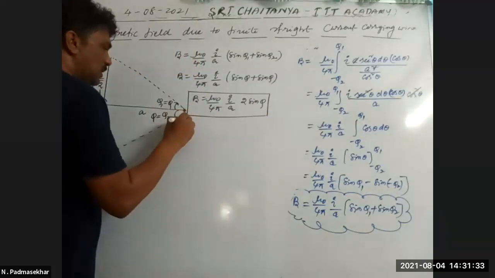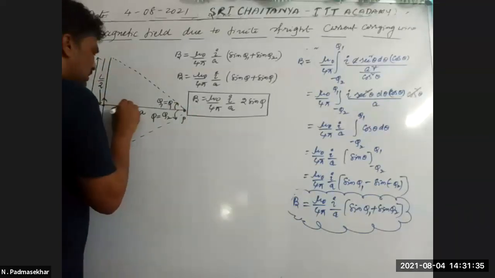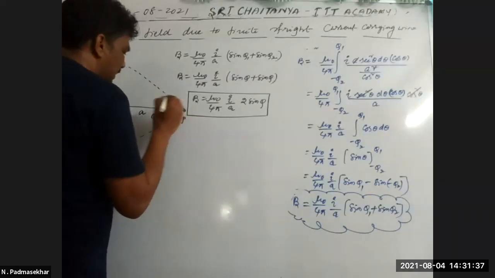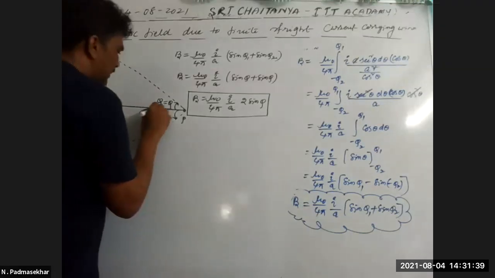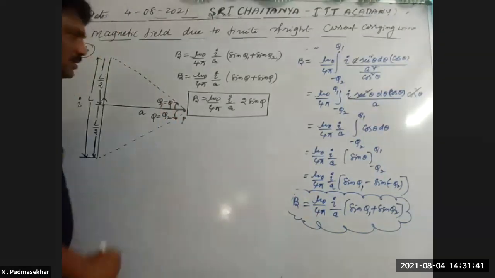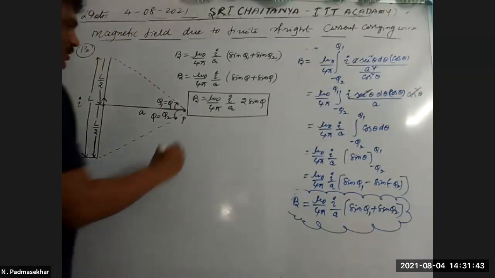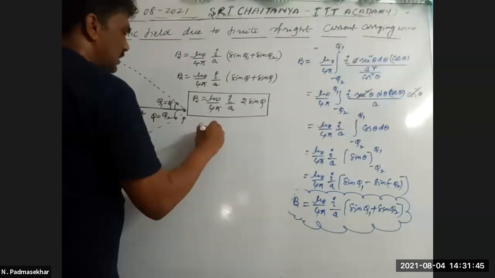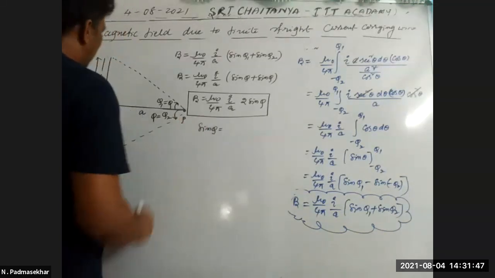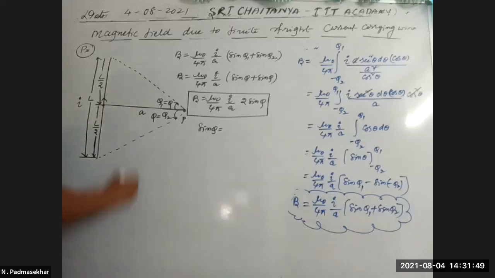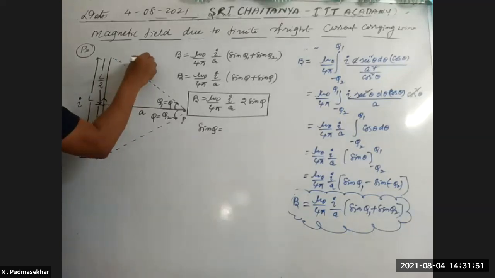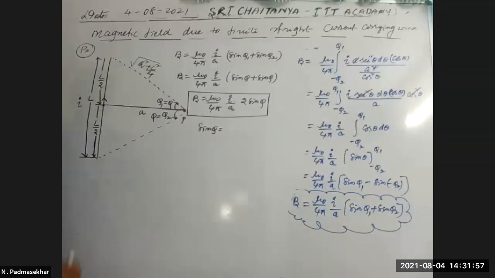Our point of consideration is at a perpendicular distance A exactly from the midpoint of the conductor. Now what is sine phi? This is L by 2, this is A, and this is root over A square plus L square by 4, that is, L by 2 whole square.